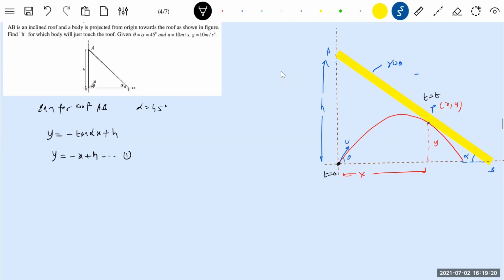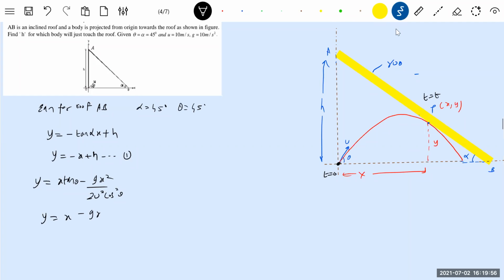I think that's one primary equation. Then the projectile which is projected from the origin should go and touch the roof at point P. So what is the equation? x tan theta. Pranay, okay, yeah. H, okay, I think check once. y equal to x tan theta minus g x square by 2u square cos square theta. Theta is 45 degrees.